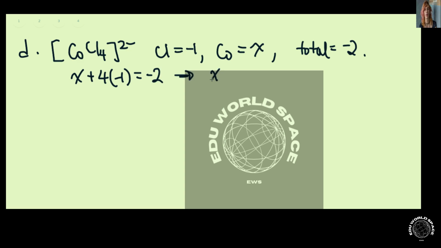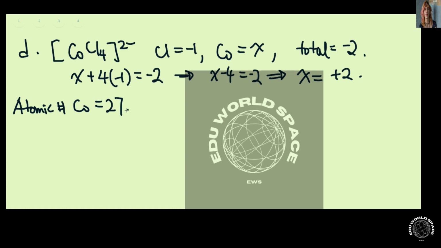So X minus 4 equal to -2. We get the value of X equal to +2. So the oxidation state of cobalt in this complex will be +2. Now we find the atomic number of cobalt equal to 27. So the electronic configuration of cobalt will be [Ar] 3d7, 4s2.